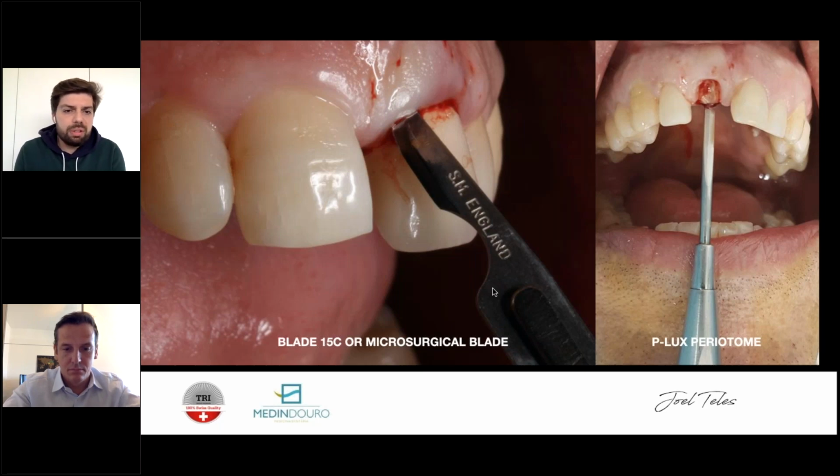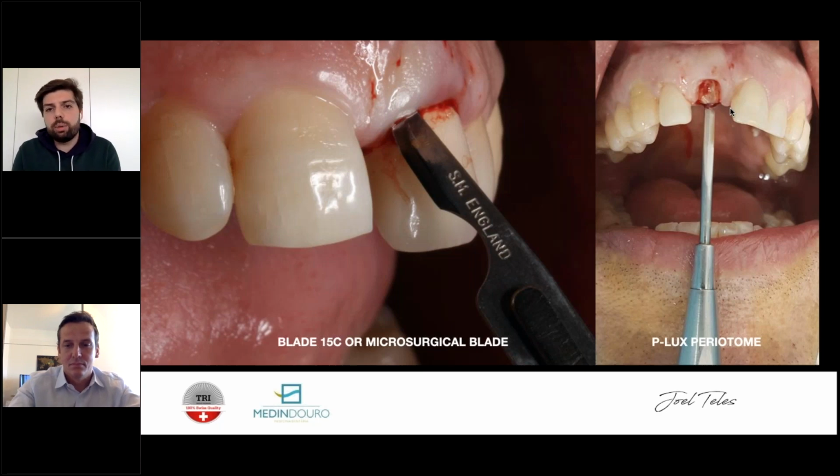First of all, I always use a 15C blade or a microsurgical blade to do the intrasulcular incision. Then I use this instrument all the time, the Pilox periotome, that you insert in the palatal, in between the root and the palatal wall, and you start making circular movements, separating the bone from the root very well, okay?